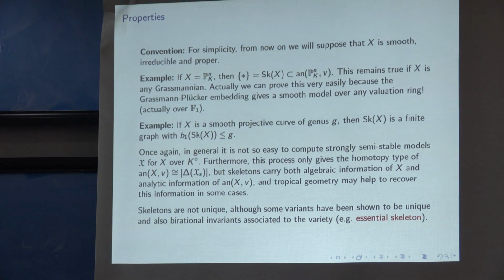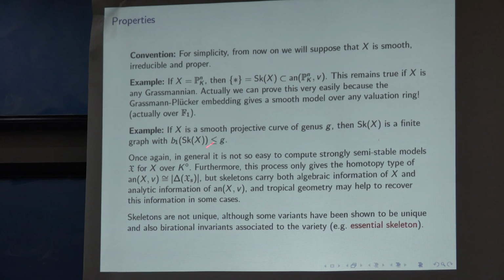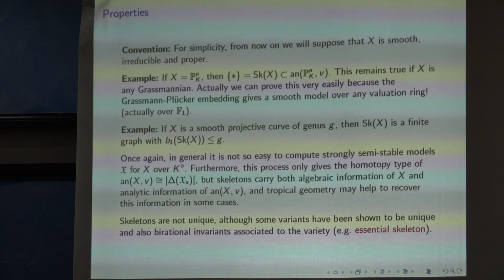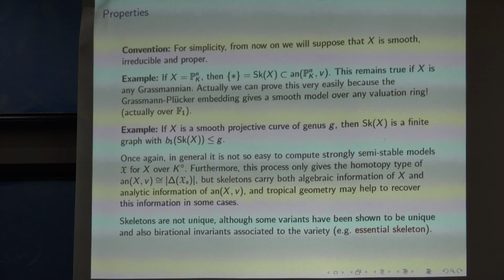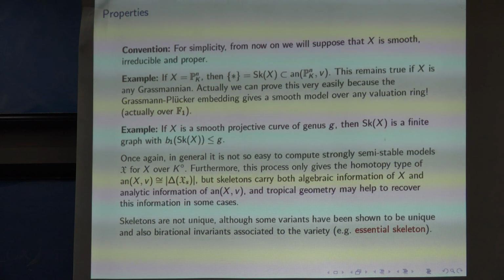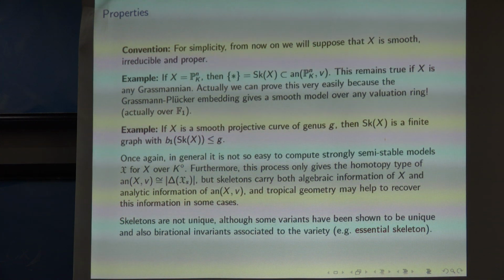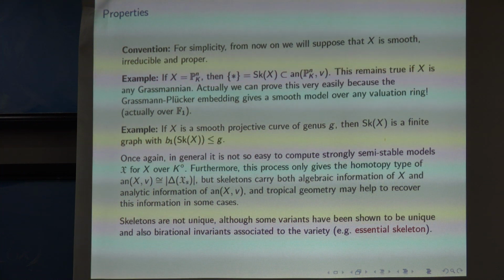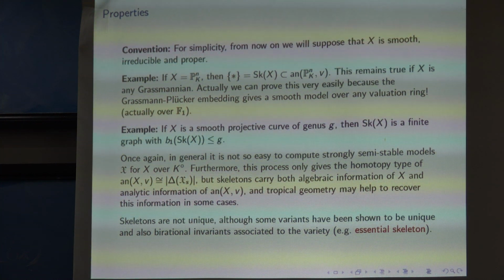So let me give you another example. You have a smooth projective curve of genus g over K. Then the skeleton is a finite graph with first Betti number at most the genus of the curve. Once again, it may be the case that we are losing information because I am not recovering the whole first Betti number, which is the genus in some sense.